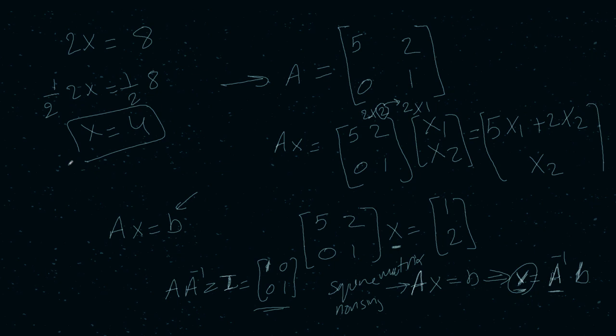In the matrix case we are doing the same, so we take the inverse of the matrix, but there are two main conditions for this matrix to have an inverse. The first condition is that the matrix must be a square matrix, and the second is that it must be non-singular. There are many cases where the matrix is square and also non-singular, but still it doesn't have a good inverse in a weak condition.